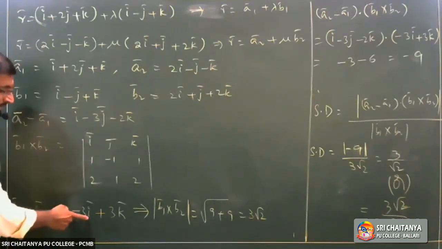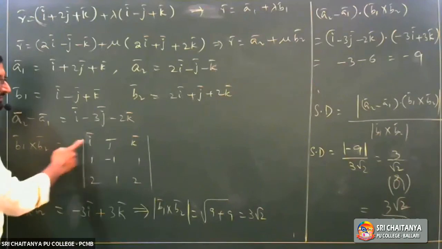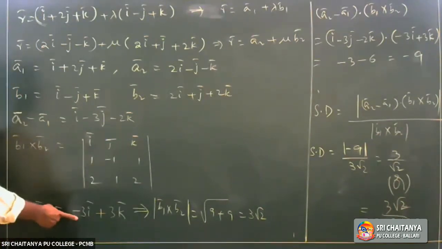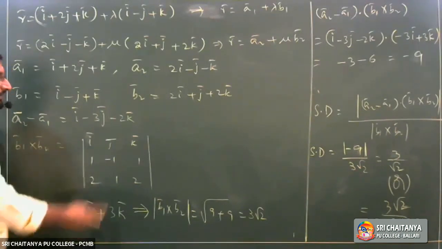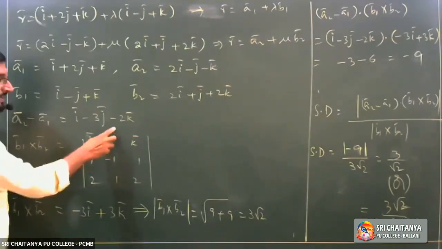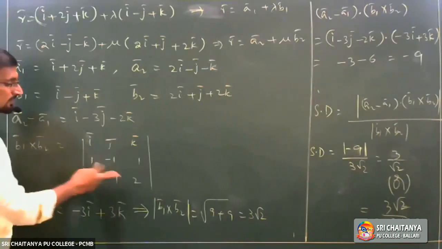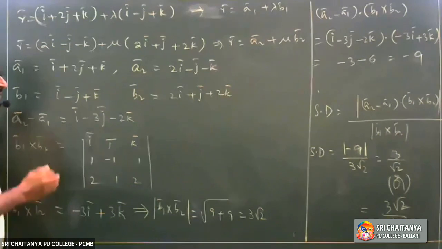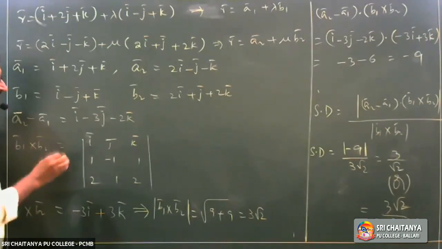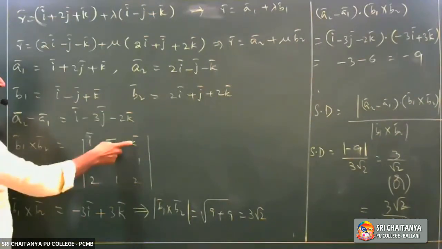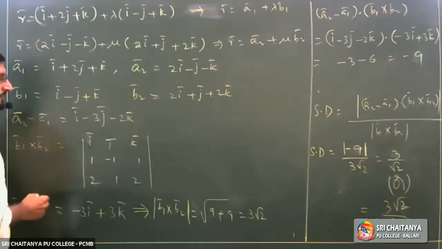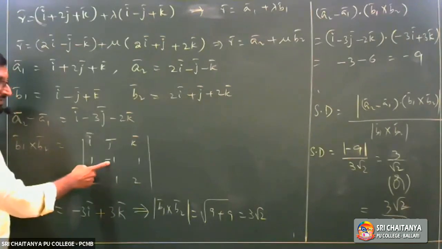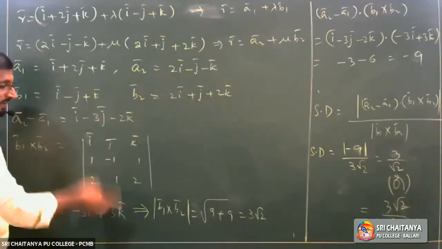For i bar, excluding this column and this row, minus 2, minus 1, it is minus 3. I hope you understood this. Plus, see, minus j into this column and this row, 2 minus 2, 0. 0 into anything is 0, so I have not written the j bar coefficient. Plus k bar, excluding this row and this column, 1 minus of minus 2 is equal to 3k.